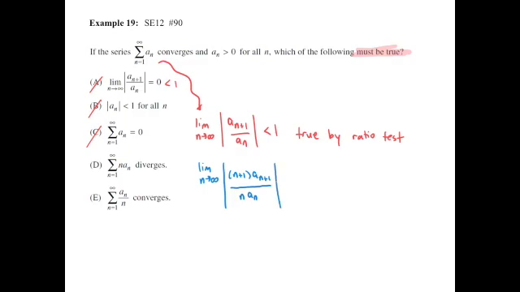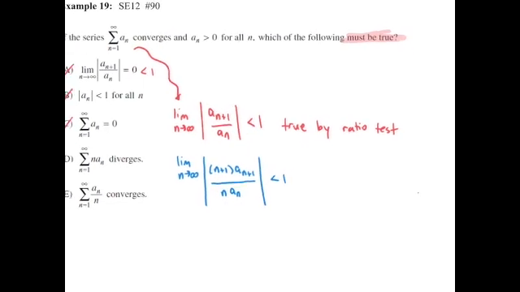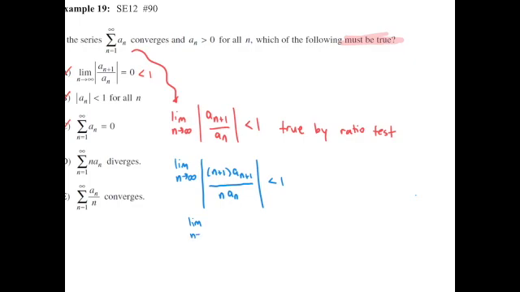The question is, is this going to be less than 1 as n goes to infinity? When we look at n plus 1 over n as n goes to infinity, we get 1. And so this limit simplifies to the relationship that we end up getting with the ratio test, which is true. And in this case, we would have a convergent series.